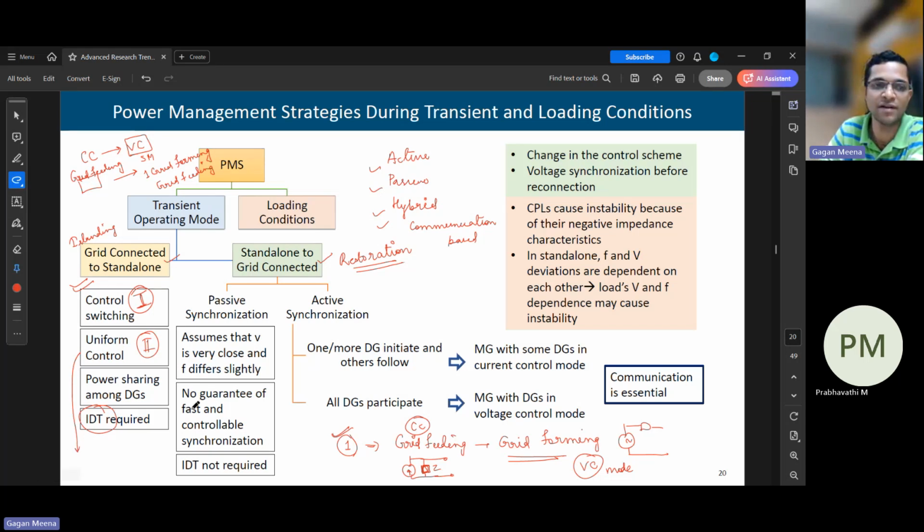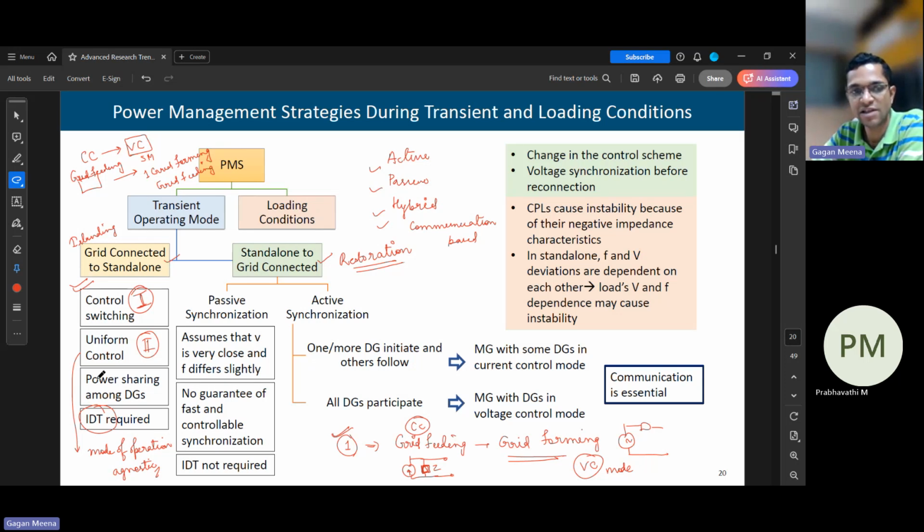It is not affected by the mode of operation. It's agnostic of mode of operation. The control is the same throughout. It need not change. So these are the two strategies which are required.